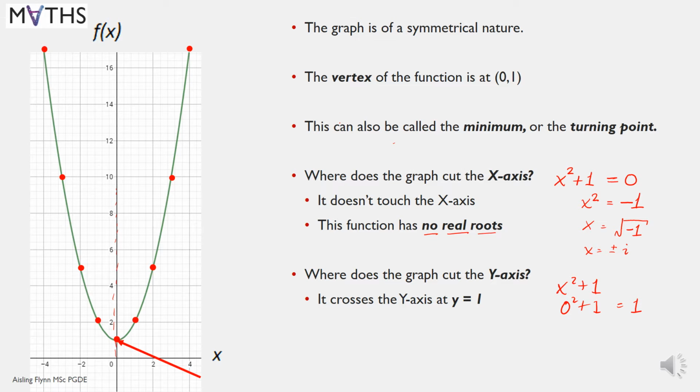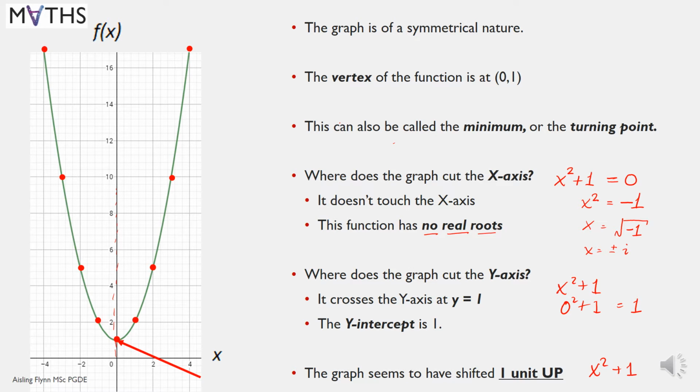That's how you get your y value, your y-intercept. The y-intercept is 1. The graph seems to have shifted 1 unit up from the previous one. So the effect of adding on that extra 1 seems to have shifted the whole function up by 1.